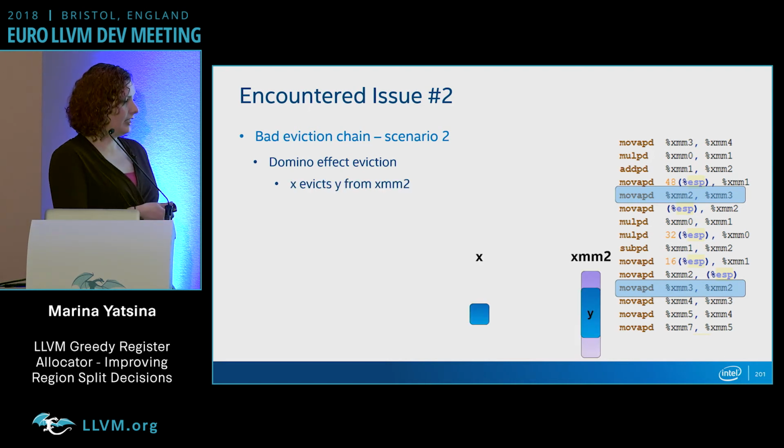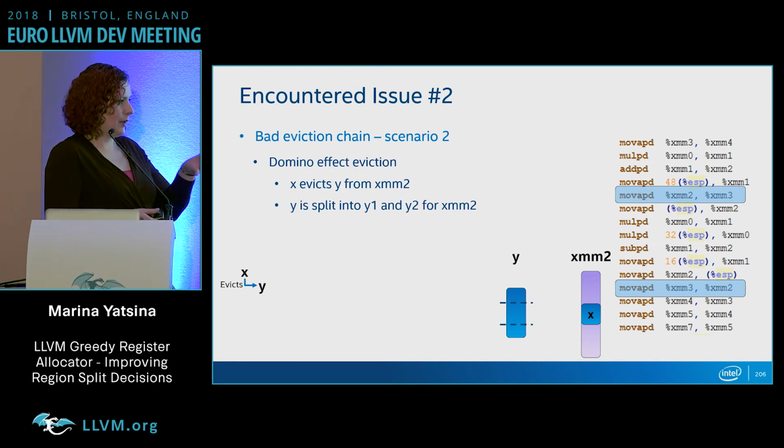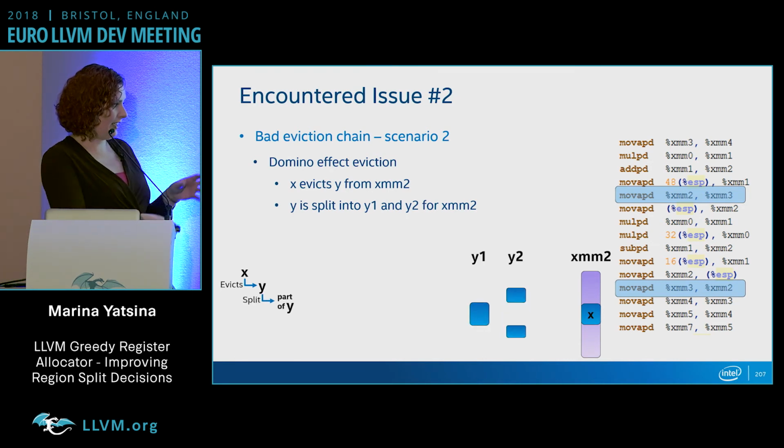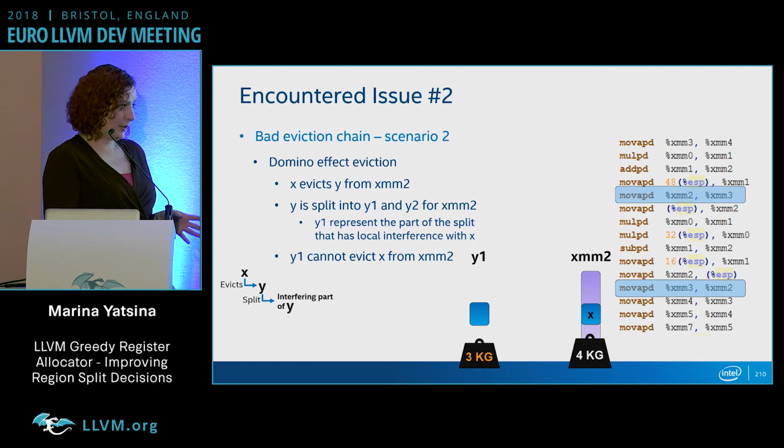This time, X evicts Y from XMM2. Then Y is split to fit XMM2 best, and we have the local interference with X. That local interference part of Y cannot evict X from XMM2. If it could have, we would have had the cyclic eviction again.